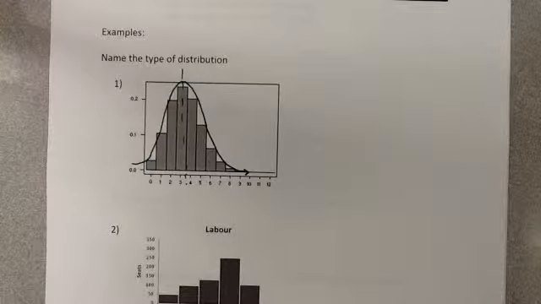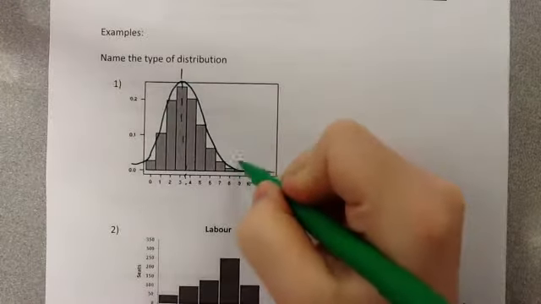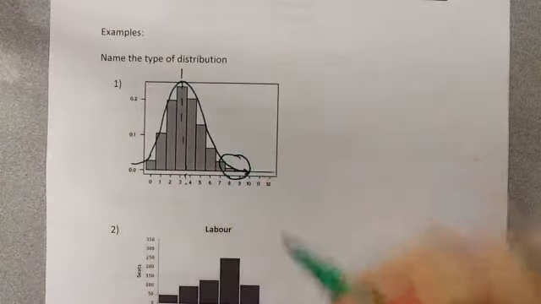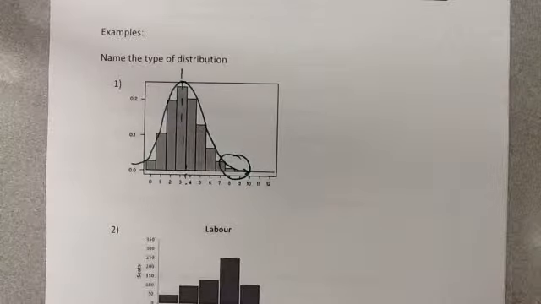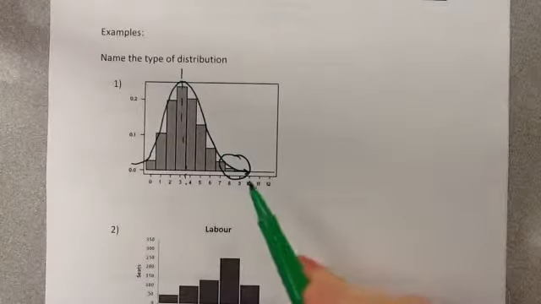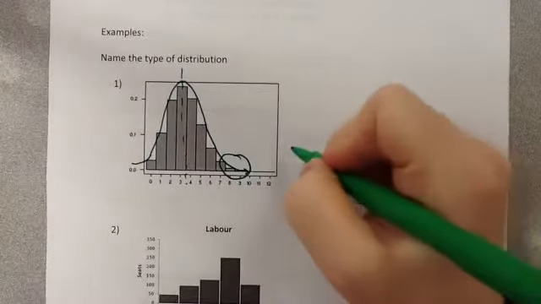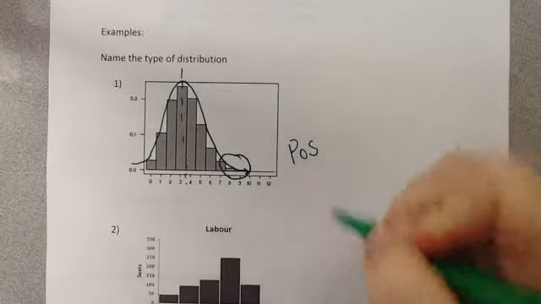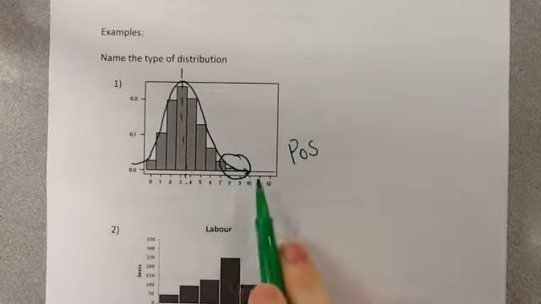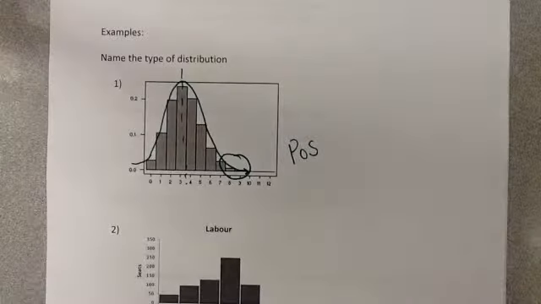It has a little bit extra off to the right here, which would make this a positive skew. It's really close to being normal, but it has a little bit off to the right here, so that's going to make it a positive skew. Our tail is heading off to the right. It's pretty close to normal, but we have a little bit extra off to the right.